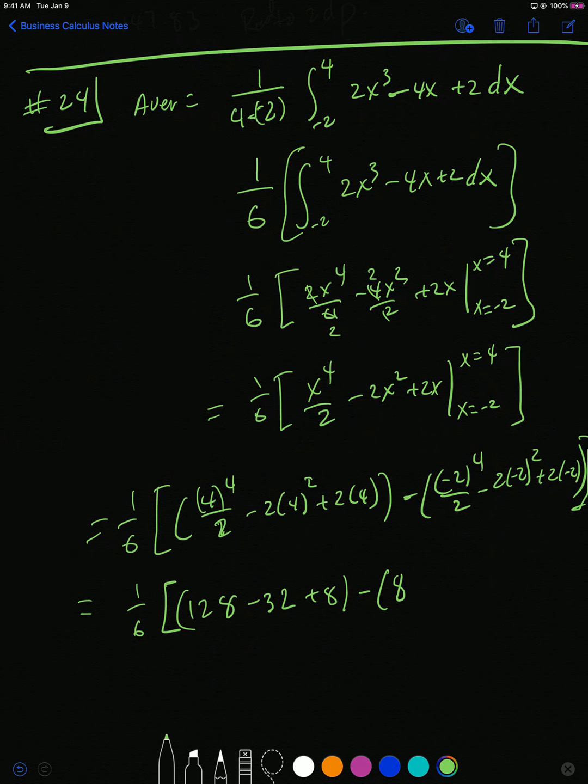Negative 2 squared is 4. 4 times 2 is 8. Minus 4.